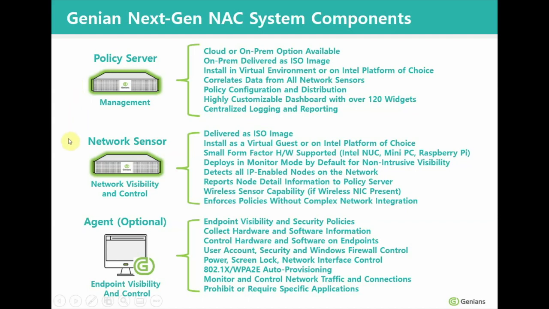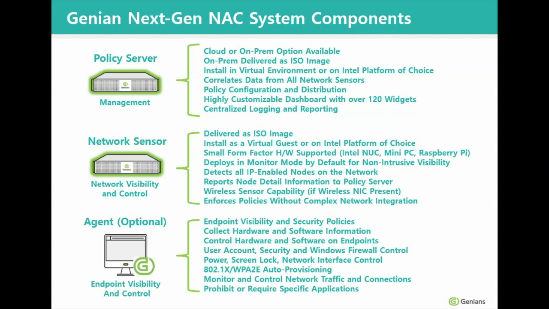The next component is the network sensor. The network sensor provides network visibility and control. It is delivered as an ISO image. It can be installed as a virtual guest or on the Intel platform of your choosing. It supports small form factor hardware, including Intel NUC, Mini PC, and even Raspberry Pi.